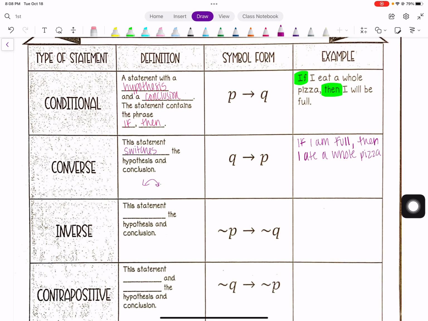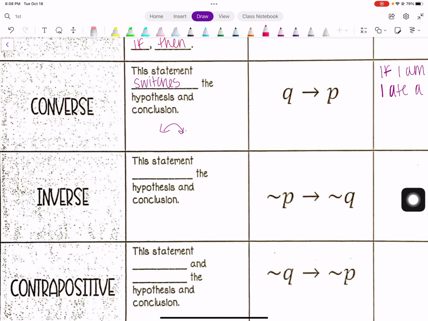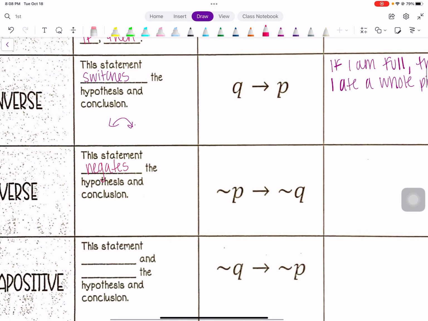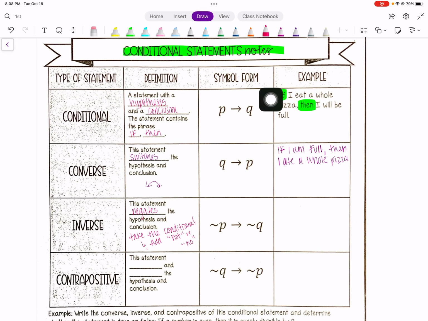Inverse is just taking the conditional. So you are going to take the statement and it says the statement negates. Okay, so that just means that it takes the conditional and adds not or no. So remember, we're looking at the conditional here.